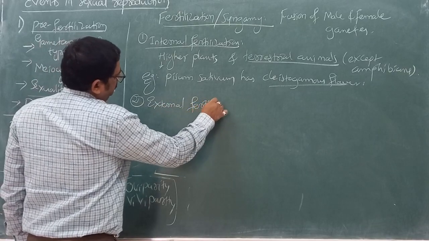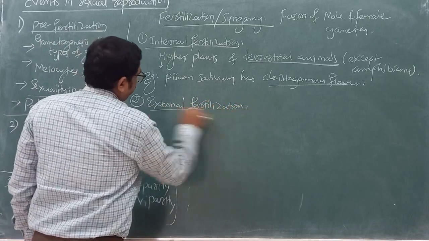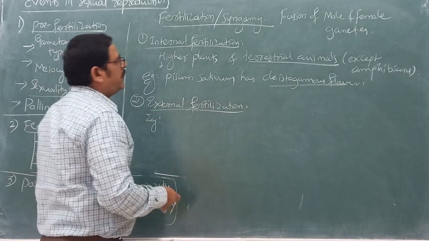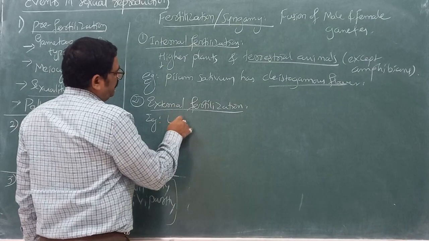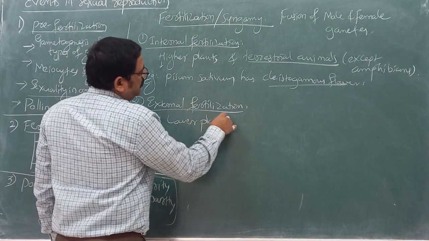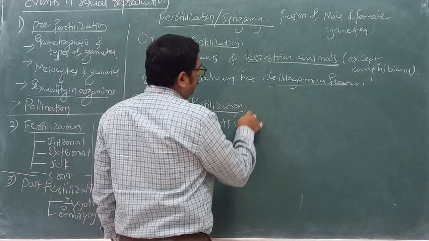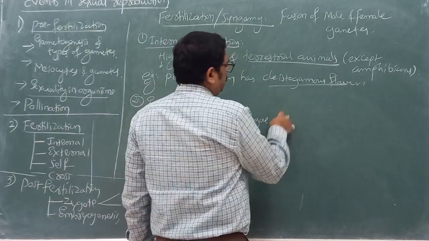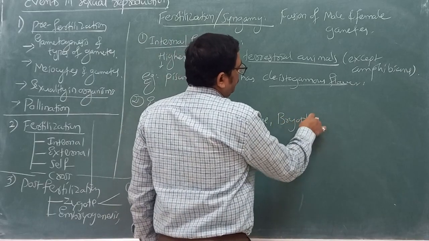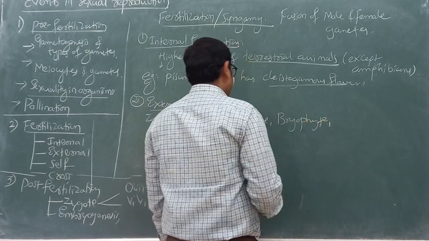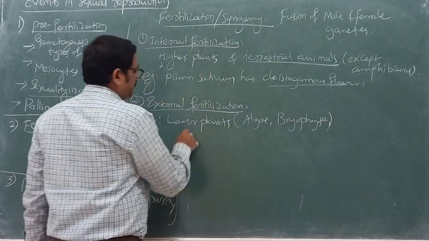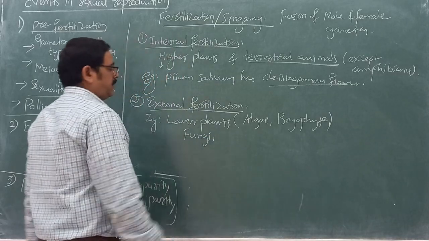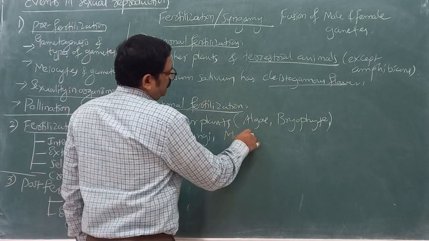External fertilization. Fertilization happens outside the body. Lower plants, what are they? Algae, as well as certain bryophytes. It can even be seen in fungi and in certain monera also.